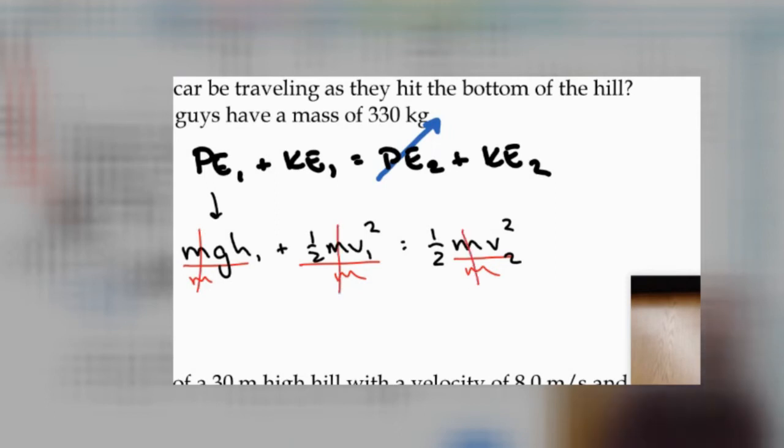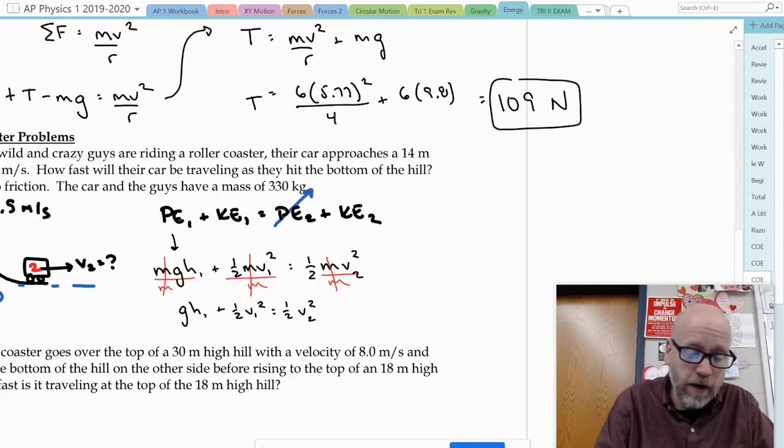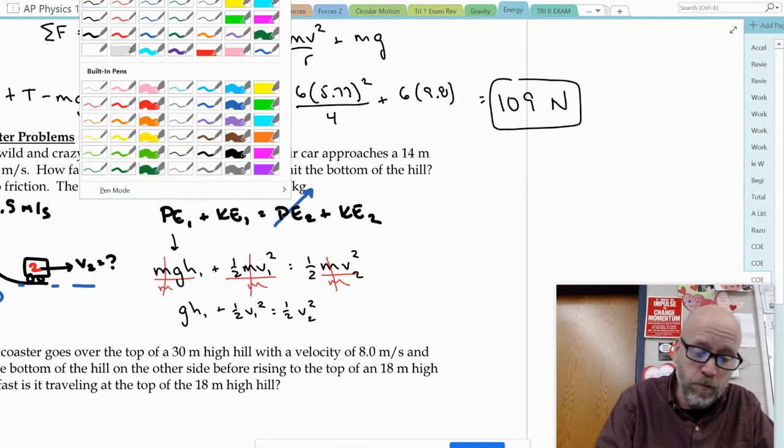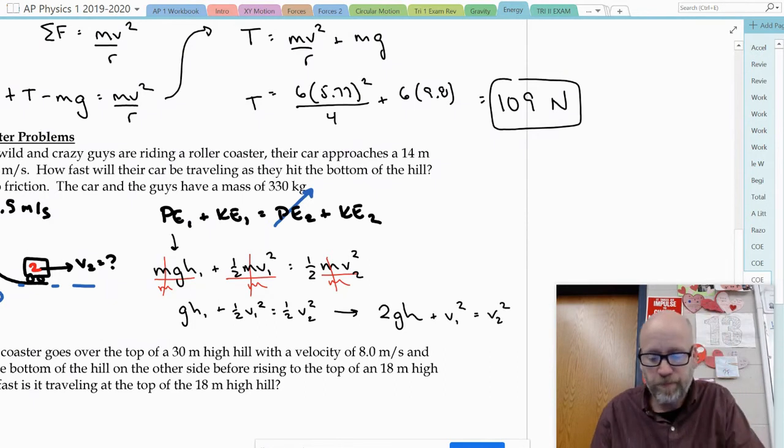So my next step, I've got gh1 plus 1 half v1 squared equals 1 half v2 squared. I got to bring that 1 half over, so now I'm going to multiply both sides by 2, and I'm going to end up with 2gh1 plus v1 squared equals v2 squared.